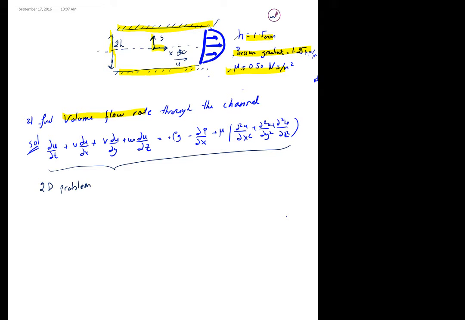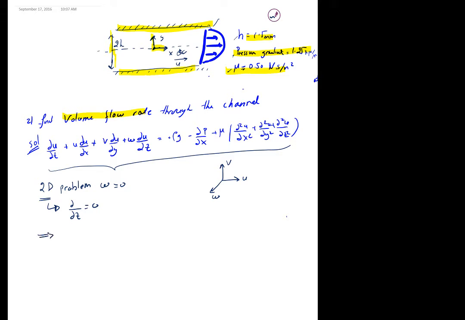Right away, when it's a 2D problem, we directly know that we have three velocities: in the x direction given by u, in the y direction by v, and in the z direction by w, which means all the terms containing w equal 0. Also, a 2D problem implies all d by dz is equal to 0.